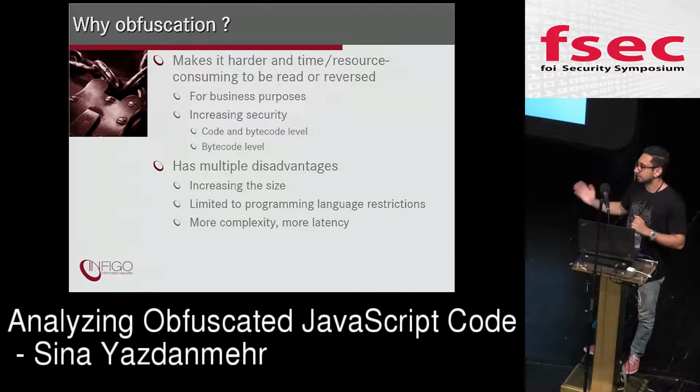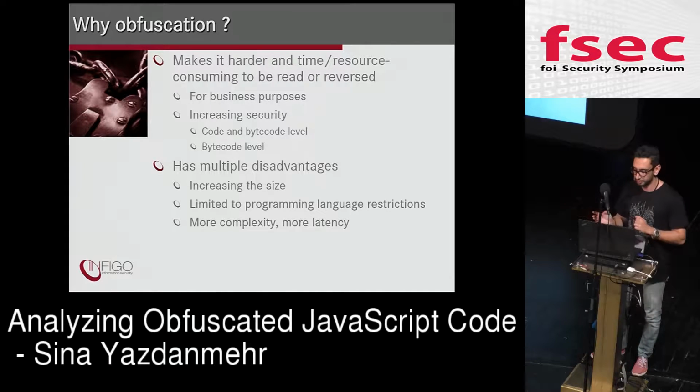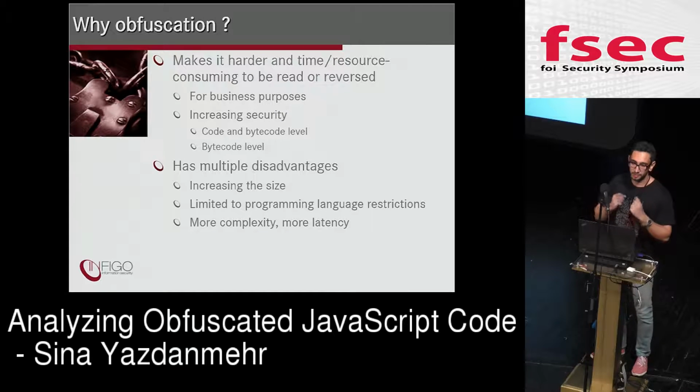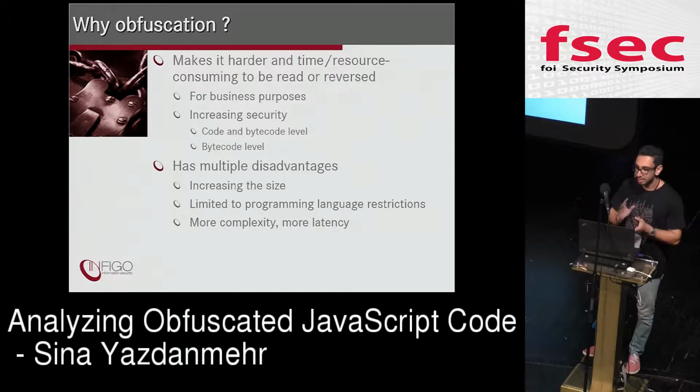As we will see in the next part of the presentation, we can obfuscate our code flow. So more complexity brings us more latency. Of course, this delay would be on the scale of some milliseconds. However, it might be an issue in heavy applications and heavily obfuscated code.